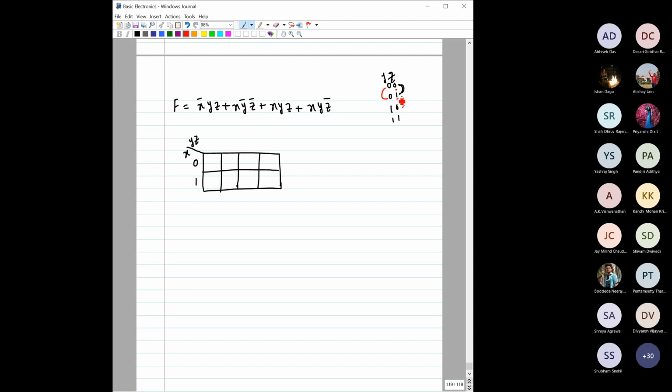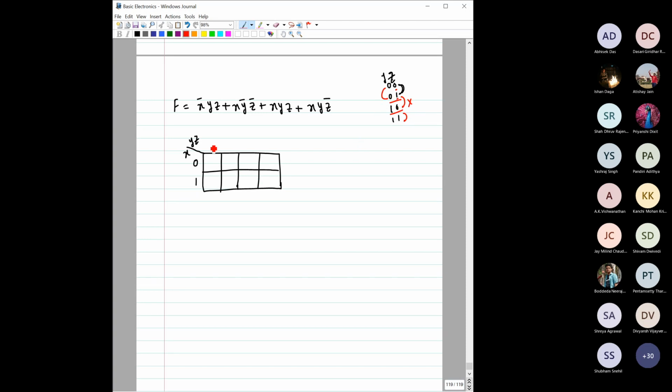But from 0 1 to 1 0, both Y and Z are changing. Where both variables change, that is not allowed. Only one variable can change.